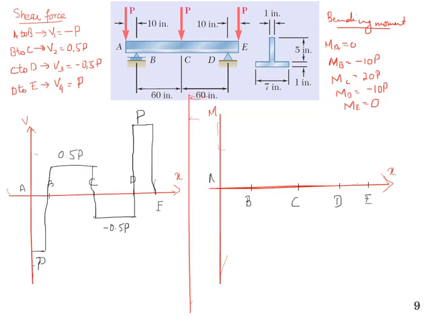From A to B, it will be minus 10P. Now from B to C, it will be, so let me draw this line again.